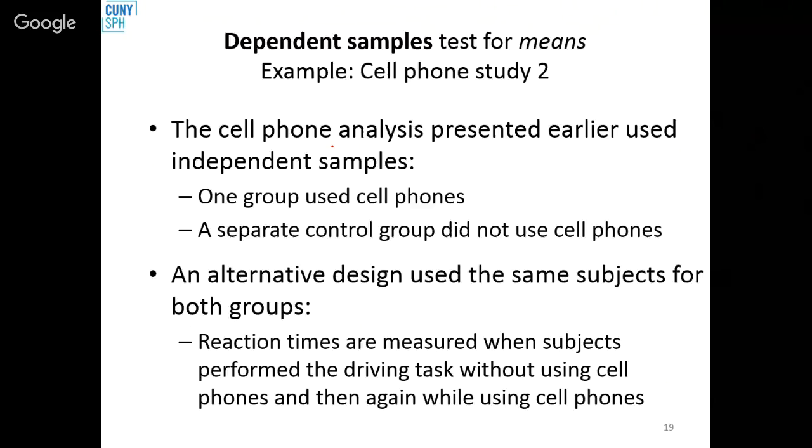So in this study, instead of the way we had it, where one group used cell phones and a separate control group did not use cell phones, we instead have reaction times measured for the same subjects at one time when they're using the cell and another time when they're not using the cell phones. So what would be some advantages or disadvantages of this paired design?